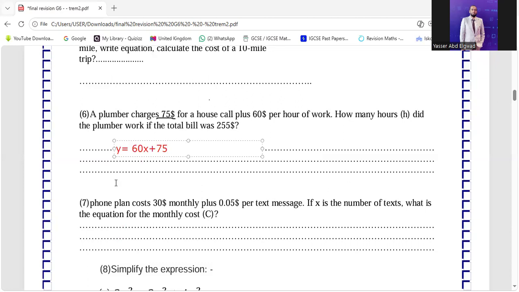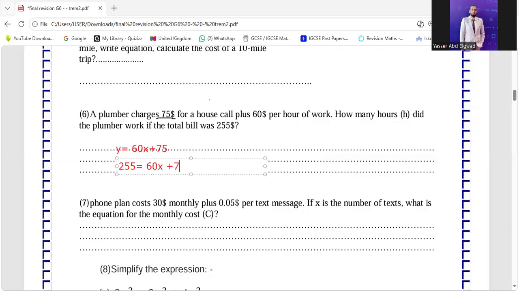He told us that the bill is 255, here is the y. So 255 equals 60x, where x is the number of hours, plus 75.